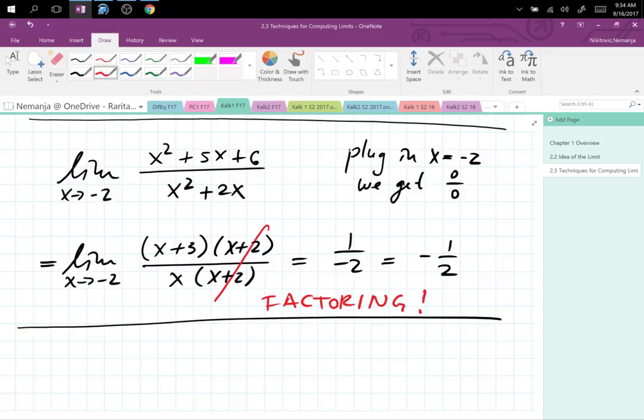Well, that's an evil example. Let's take a look at some of the examples.